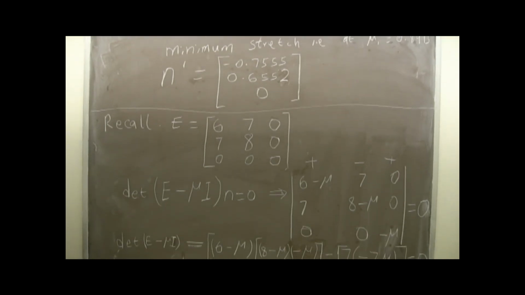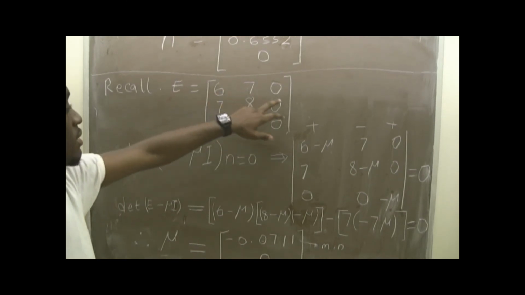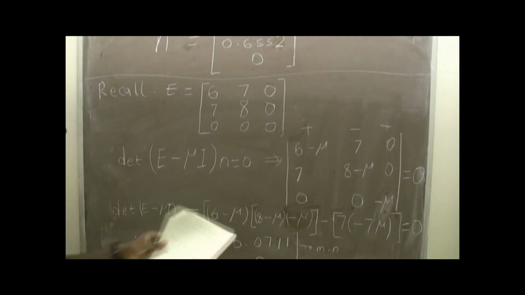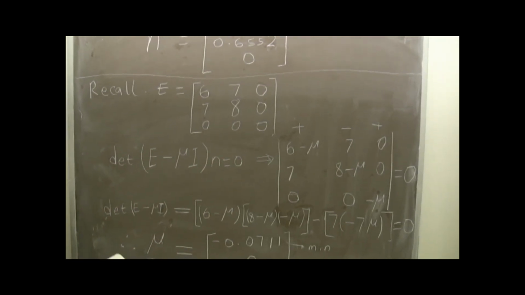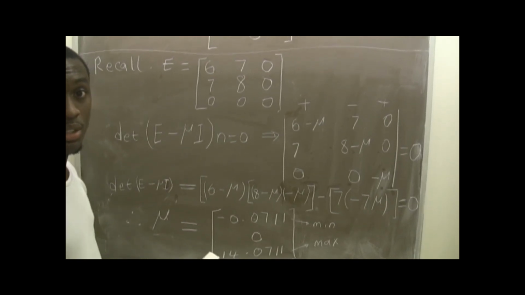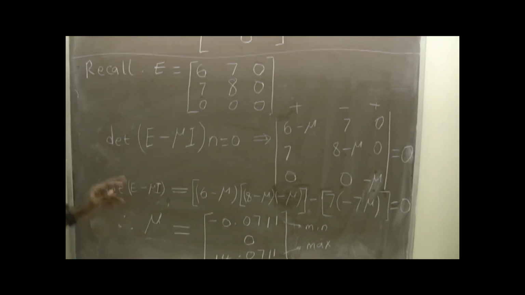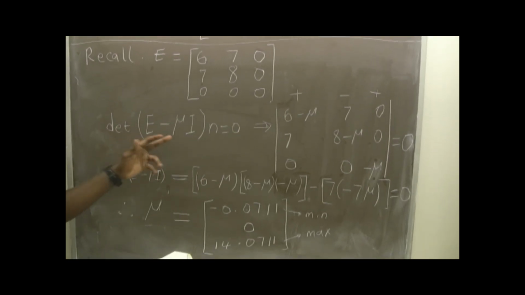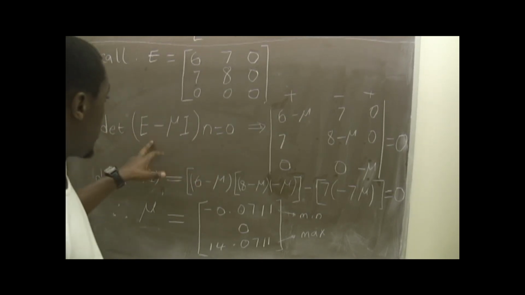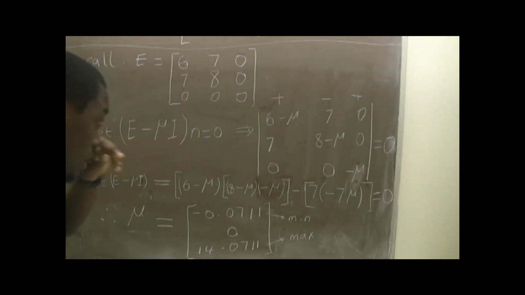Also, recall from our previous slides that E equals this tensor: 6, 7, 0; 7, 8, 0; and 0, 0, 0. We are required to also find the eigenvectors and eigenvalues of this tensor. We use the same method that we used for C, which is the determinant of E minus mu I equals 0, where E minus mu I is this, and the determinant of that equals 0.